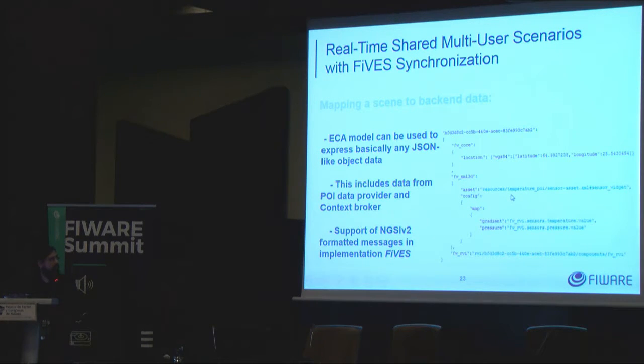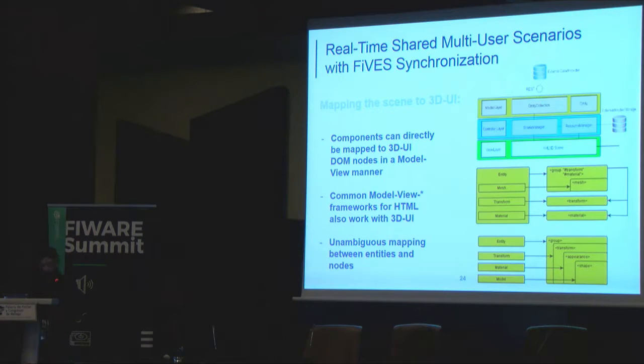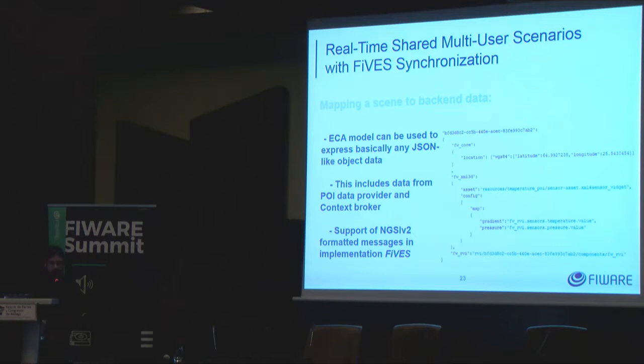It also carries information about how we would visualize this entity using the XML3D generic enabler. So we have here an asset that would be rendered for this one, and also different configurations of which input data we would map to which output parameter.